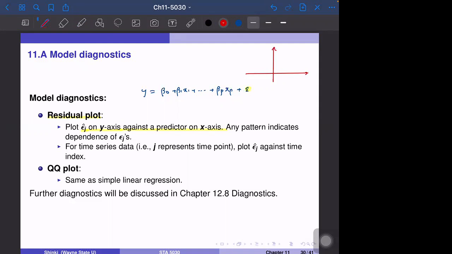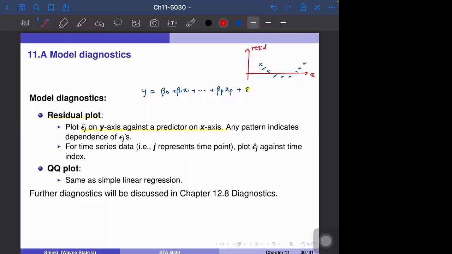A typical case when we studied the simple linear regression is that if the residual plot has some specific U-shaped pattern, for example a pattern like this, then the residual is not random. Here this is x and this is the residual.